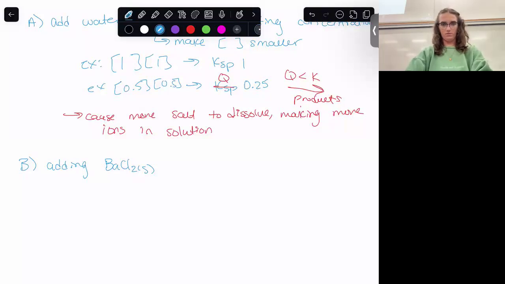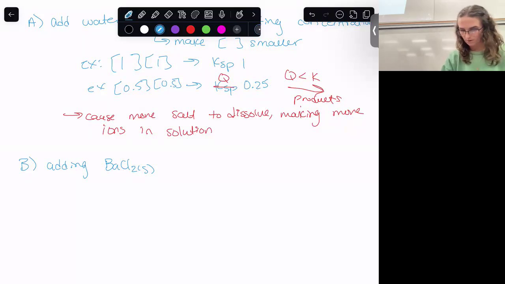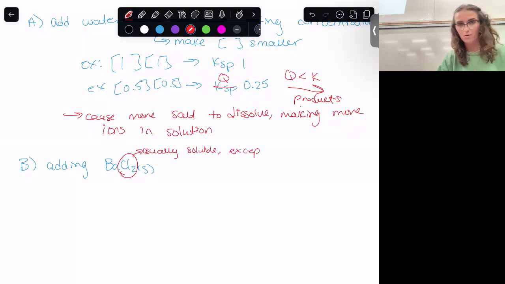If we looked at the old exam, or the formula sheet you're given, if we look at our solubility table, chlorine is usually soluble, with the exceptions of silver, mercury, and lead.